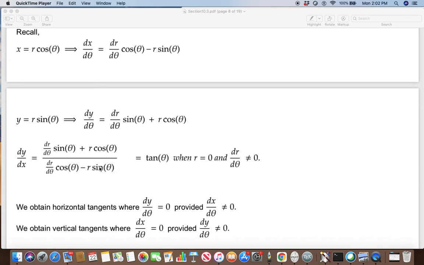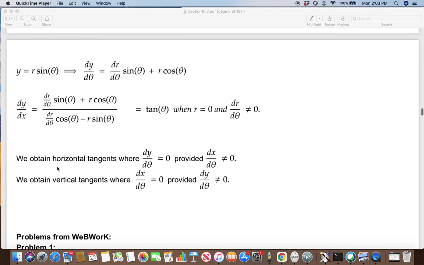All right. So you replace the numerator dy d theta by its expression and dx d theta by its expression. Okay. When r is 0, what happens? These two terms go away and you are left with only sine theta over cosine theta, that is tan theta. So when r is 0 and dr d theta is not 0, that's when you get to cancel. When do you obtain horizontal tangents?